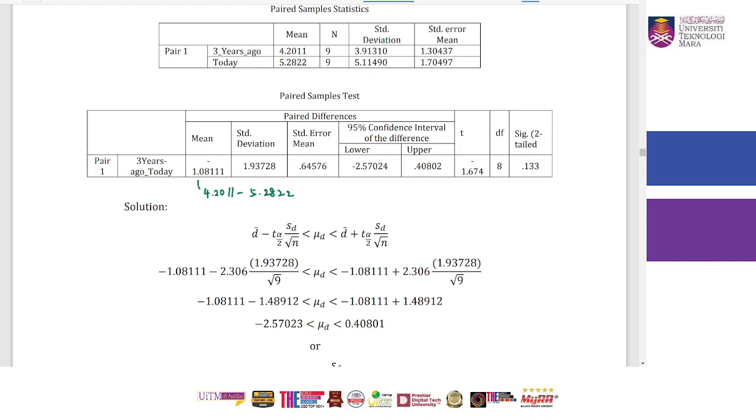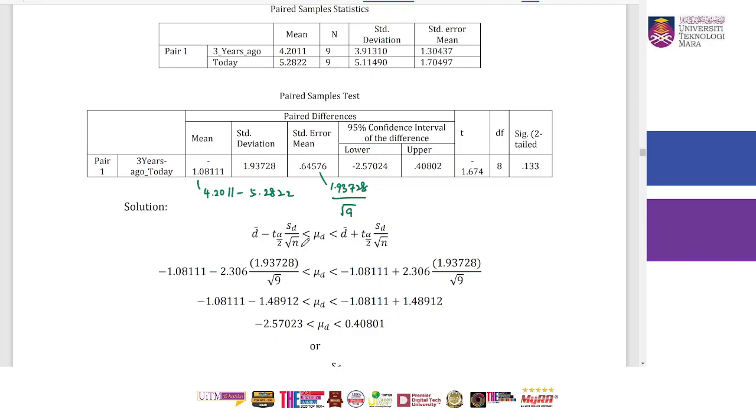Okay, you akan dapat 0.64576 sama dengan yang tu lah. Okay, sama dengan ni. So this one just simply 1.93728 divided by the square root of 9. Okay, so this is the same as this value.